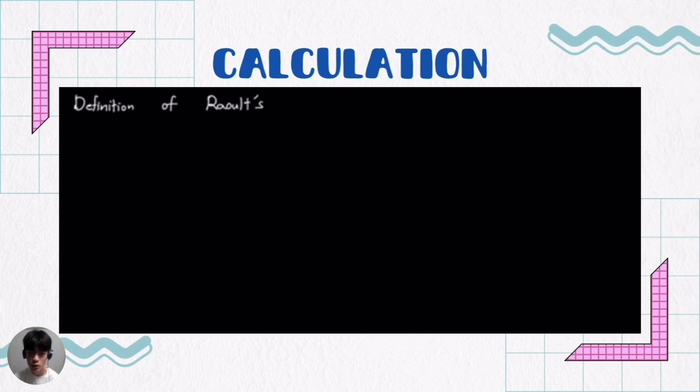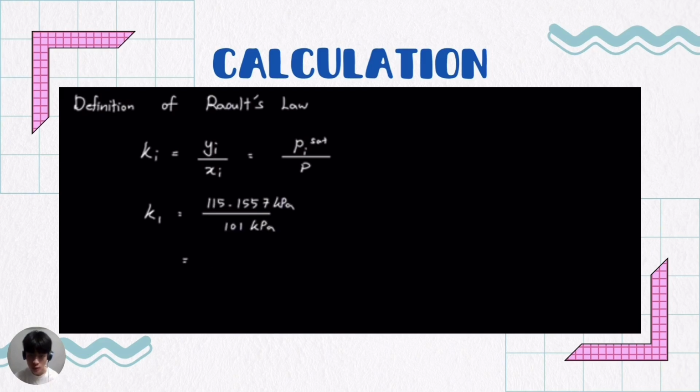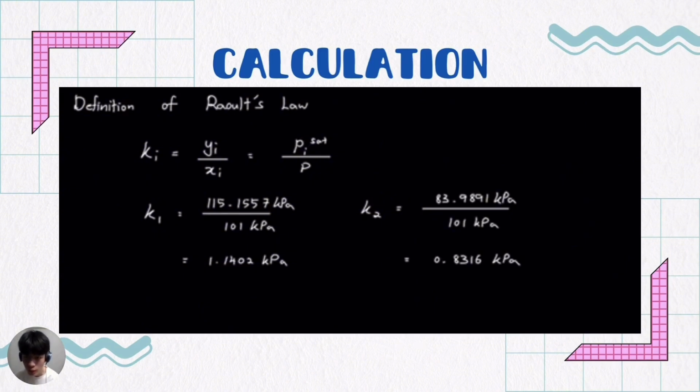Next is using the definition of Raoult's law to find Ki. Ki equals yi over xi, which also equals Pi sat over the total pressure, and K1 is around 1.1402 and K2 is 0.8316.